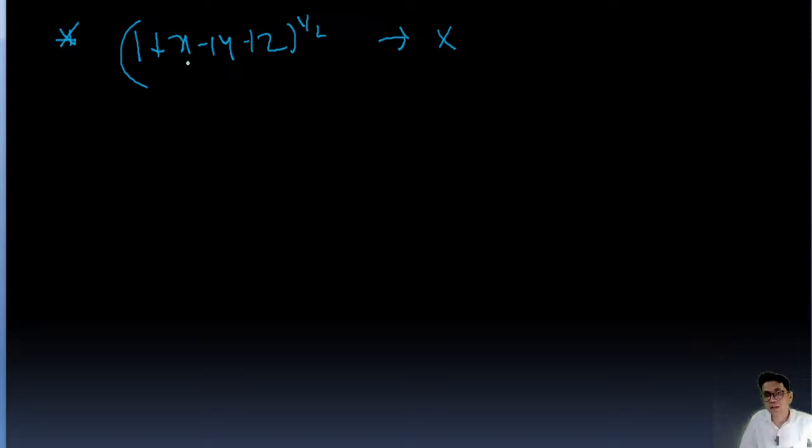Next example is 1 plus x minus iy plus z to the power half. This is not analytic guys because this is a z bar term and the whole power is fractional, so this is not analytic. Next, 1 plus z to the power 1 by 2. Okay, this is also not analytic.